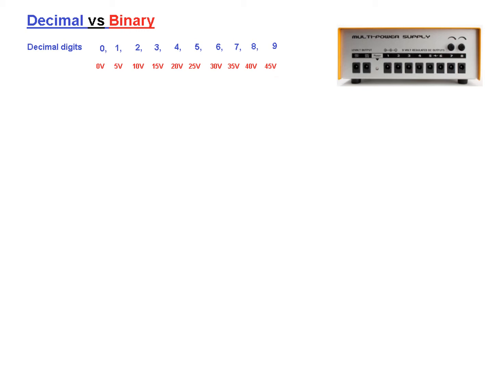So the first thing you can notice is that we would need a very large power supply which can provide all these voltages. And the second and most important problem of the system is this: let's say we want to send the value 294.